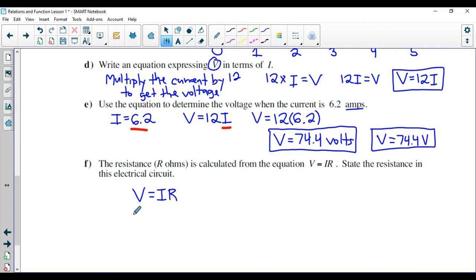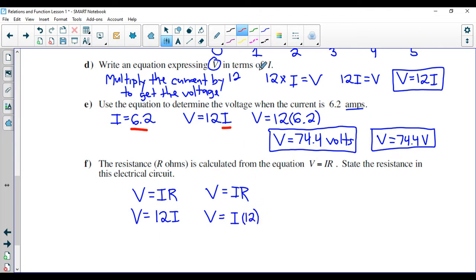And our equation tells us that V is equal to 12 times I. So let's just rewrite them. So we have V equals IR. Now, I'm just going to rewrite this equation where I put the I first and the 12 second. So it would be I, and then multiply by 12.